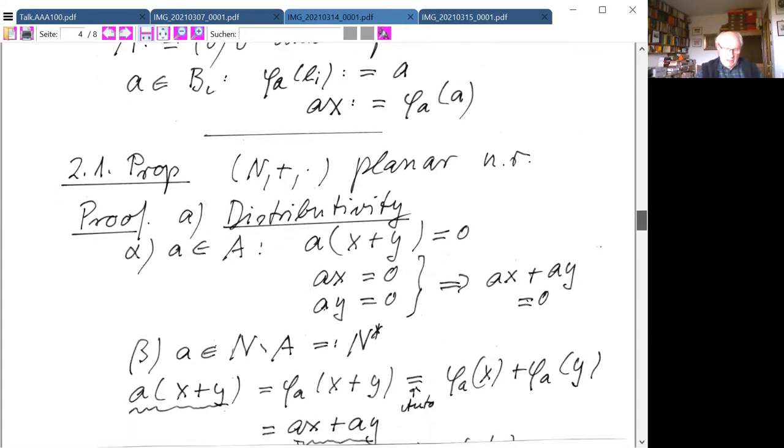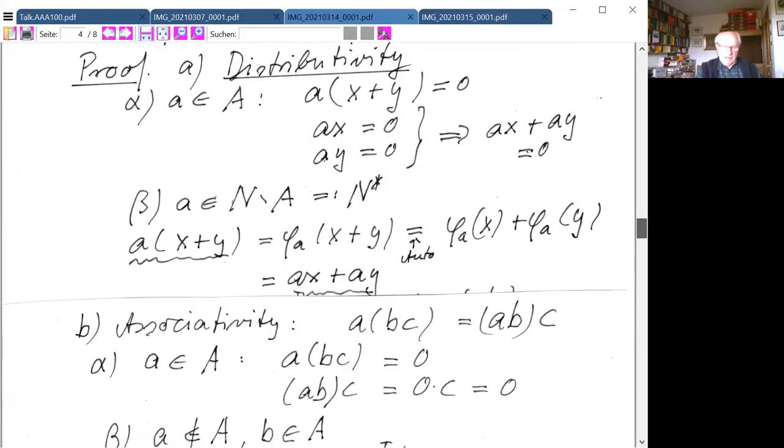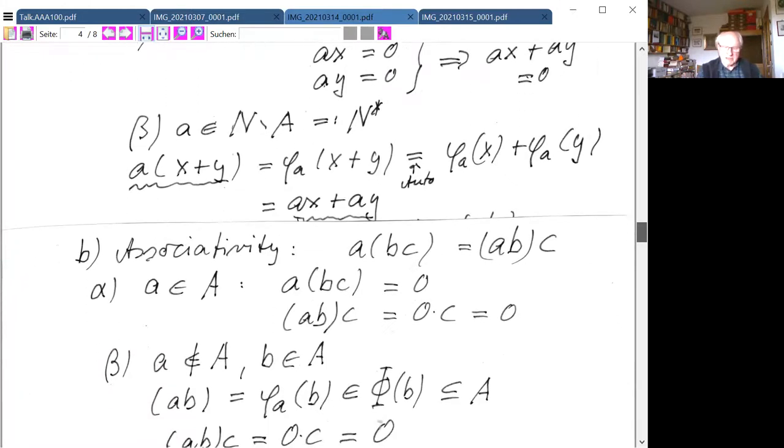Now, if a is not in capital A, if we call this N star, then we apply the automorphism property of phi_a and get again this distributive law.